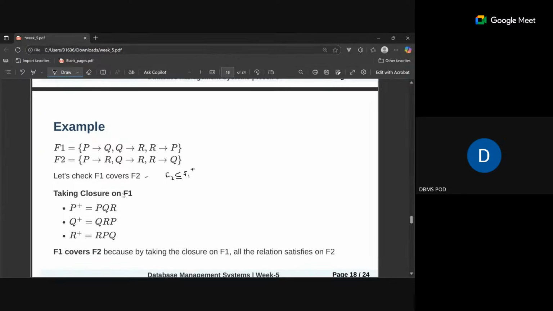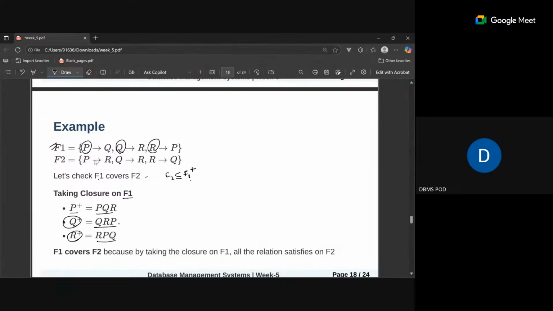In order to check this, you take the closure of F1 on all the left side attributes. So I take the closure of P, it gives PQR on F1. Again, the closure of Q gives QRT, again all the attributes. If I take the closure of R, it gives all the attributes on F1.